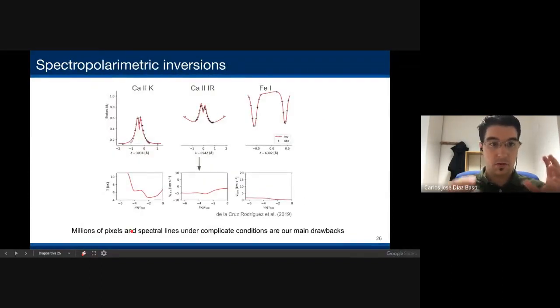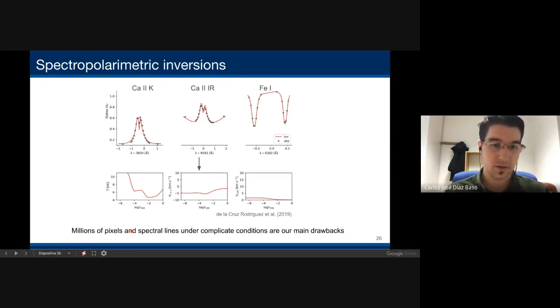So once we have the data and we want to extract the information, we would like to extract the information of the physical quantities of the atmosphere behind these signals.